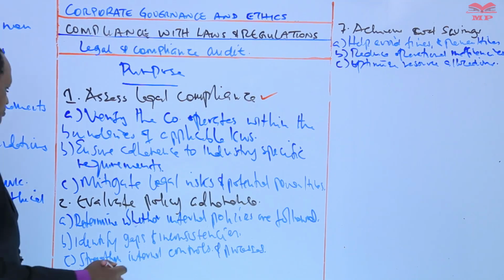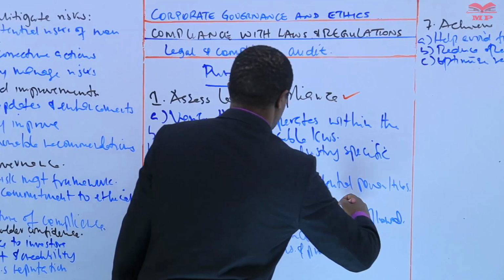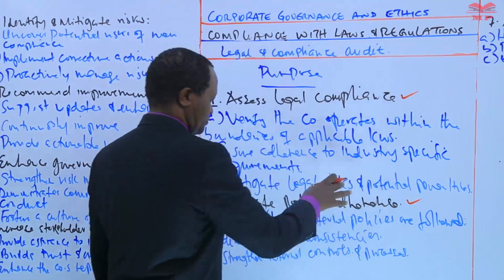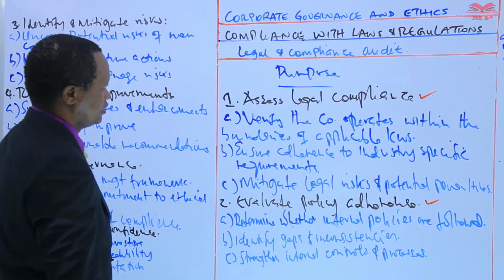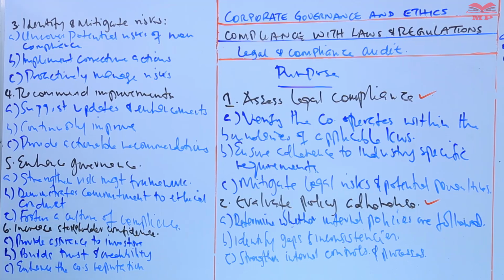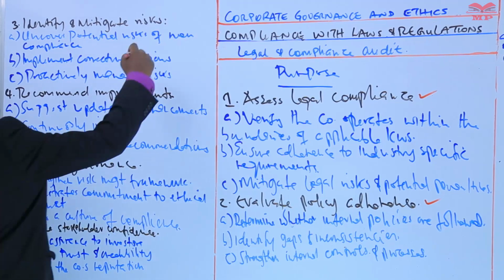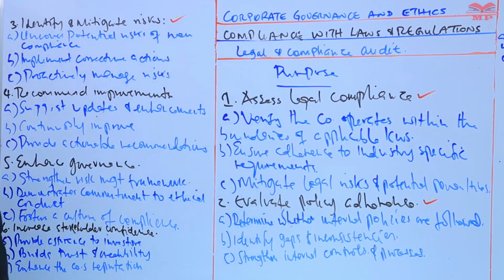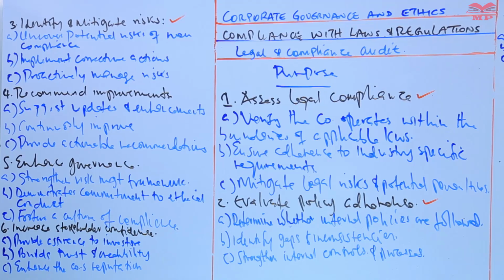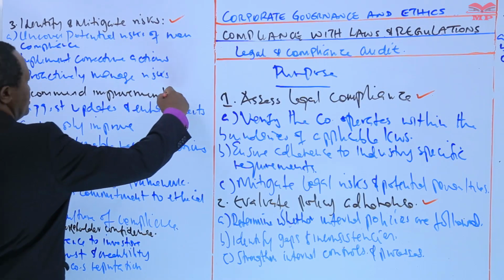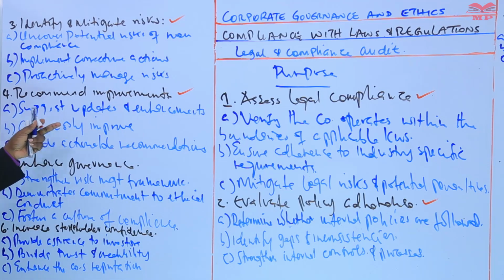Number 2, it can help evaluate policy adherence, and we explained how that is made possible. 3, can help identify and mitigate risks. 4, through legal and compliance audit, recommendations on improvements can be made through suggesting of updates and enhancements.